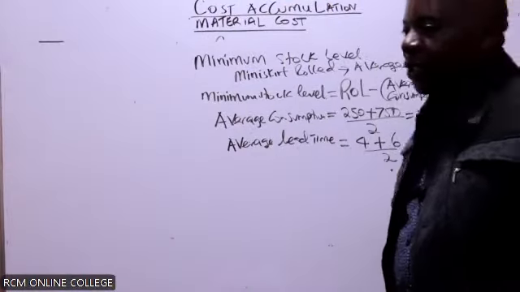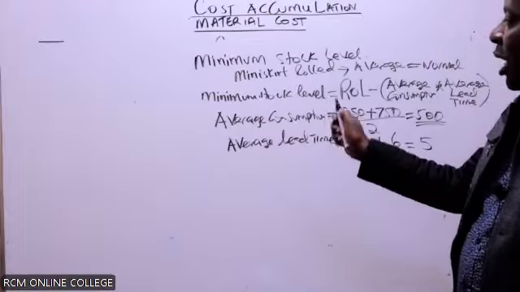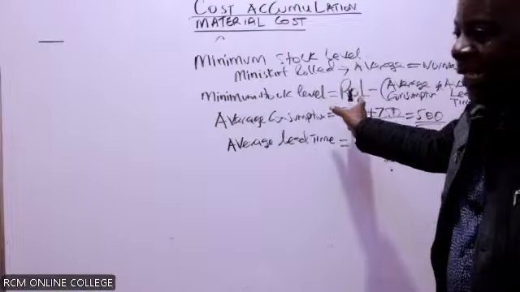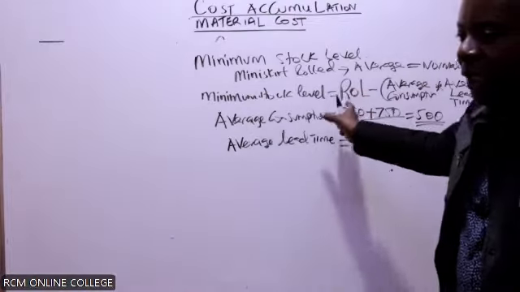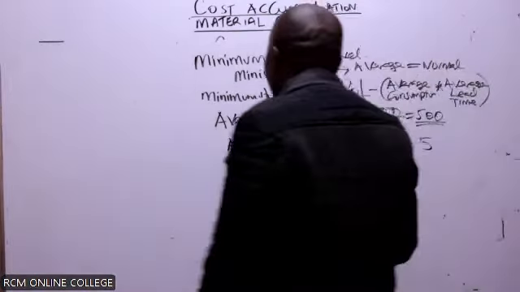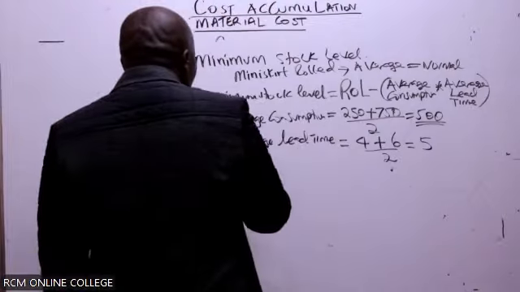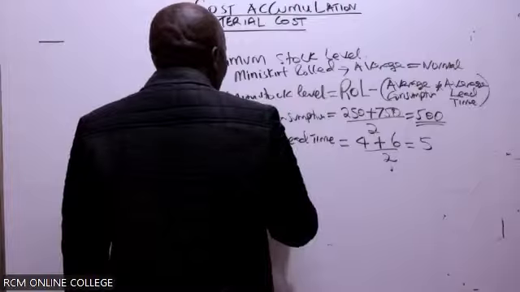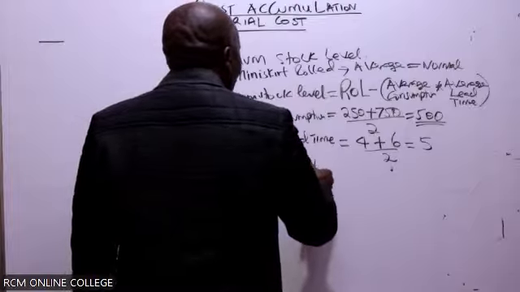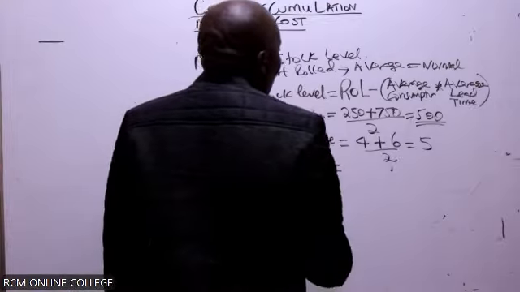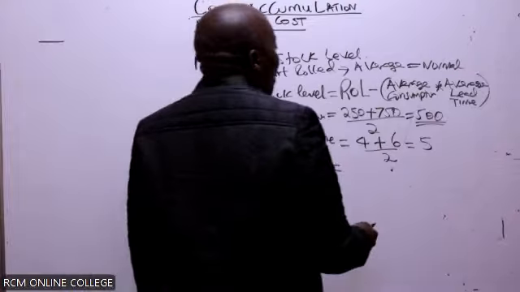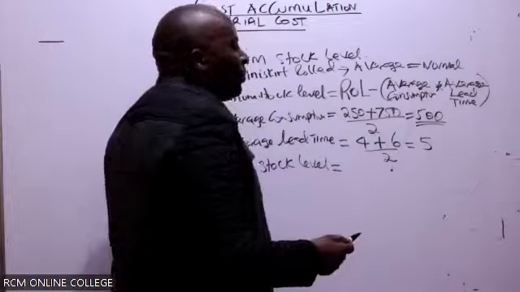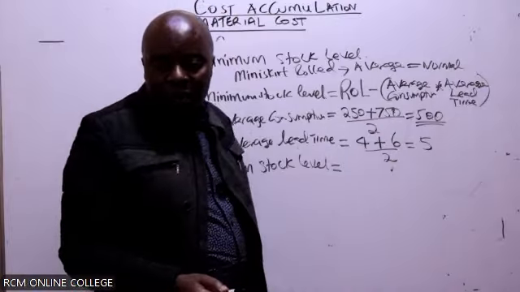Thank you very much. Now from there, I'll be able to get this minimum stock level by plugging things in here. My minimum stock level will be equal to the reorder level. Is there anybody who is able to remind Mwalimu what the reorder level was?